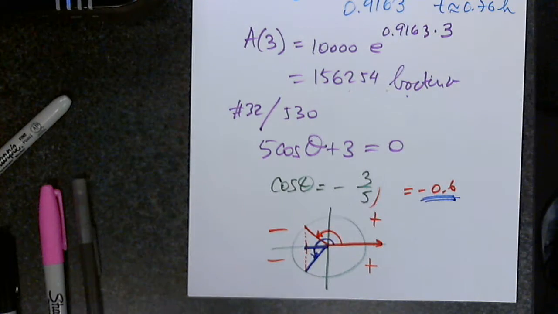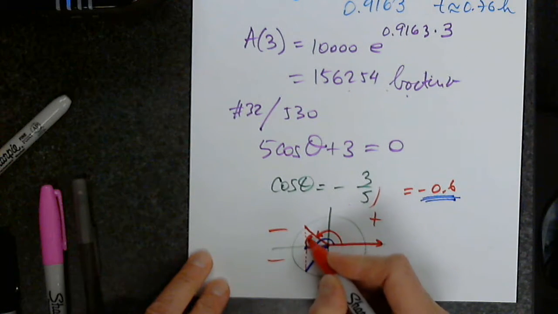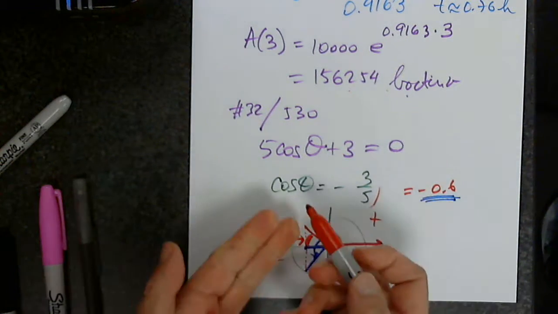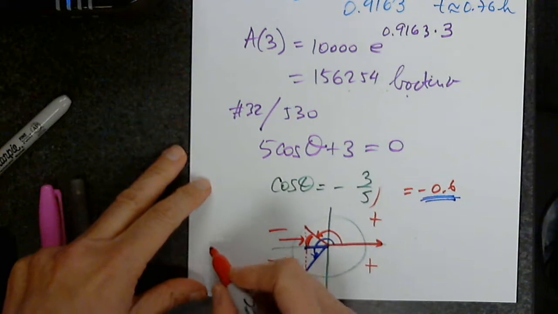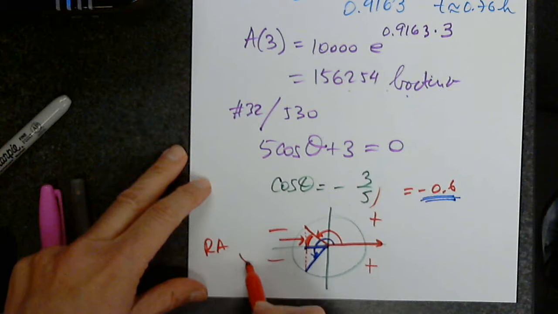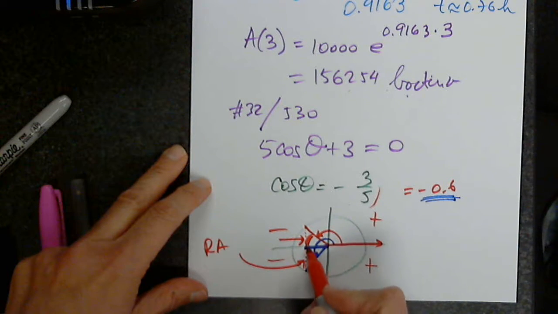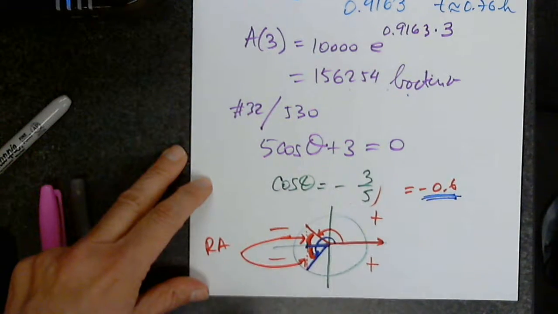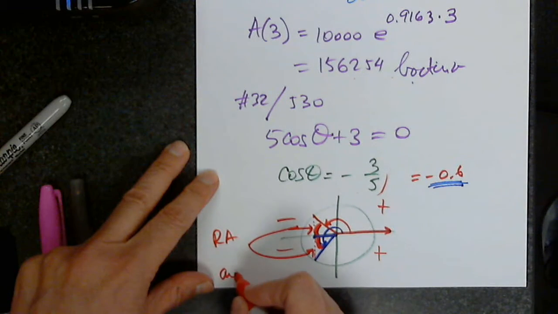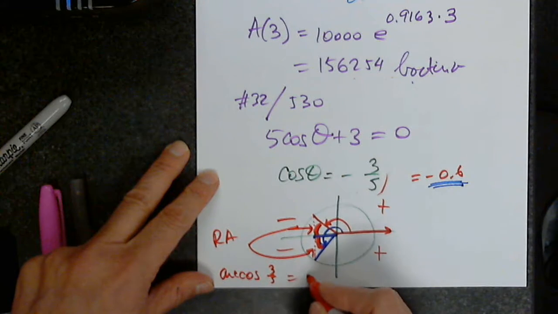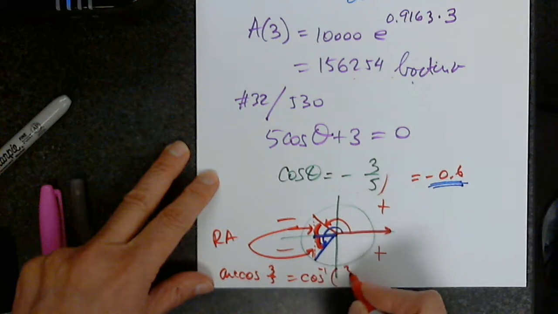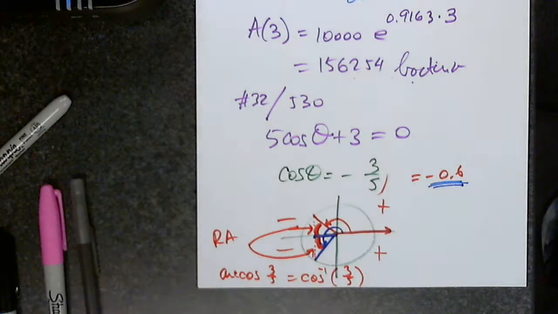I can determine the reference angle. I can only apply cosine inverse to 3/5. So this piece, which is the reference angle, which is also here, this angle here and this angle here, they're both the reference angle, will be arc cosine of 3/5 or cosine inverse of 3/5. So I have to put this in the calculator.